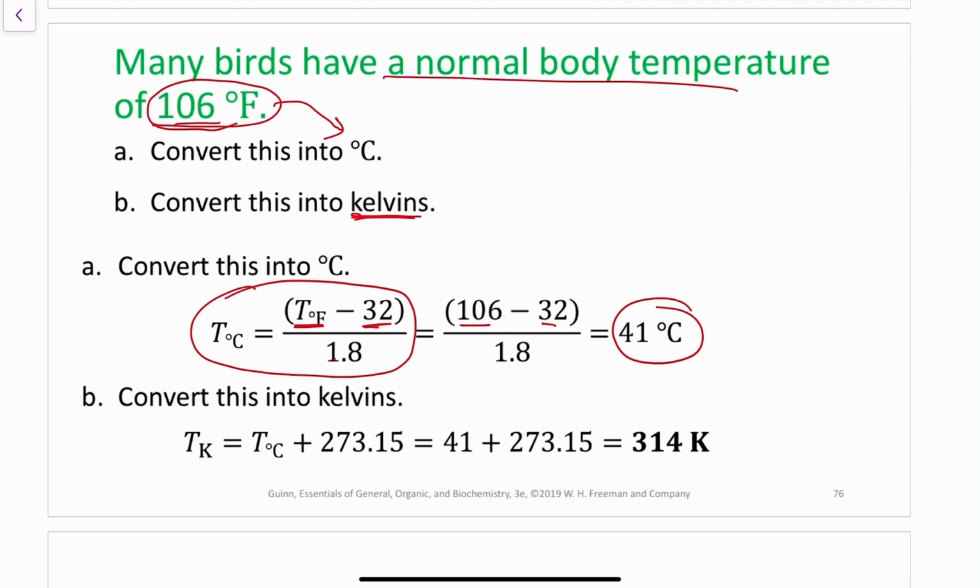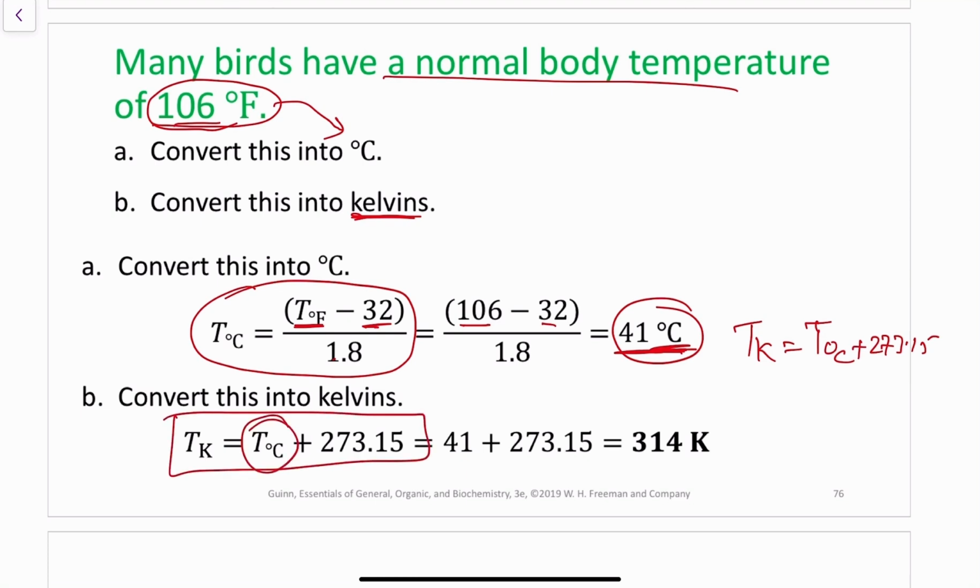Right? And then once you have the degree Celsius available, we know Kelvin is equal to degree Celsius plus 273.15. And this is what we normally use. Plug in the degree Celsius over here, which is 41, and add 273.15 to it, you will get 314 K. So this is the Kelvin.